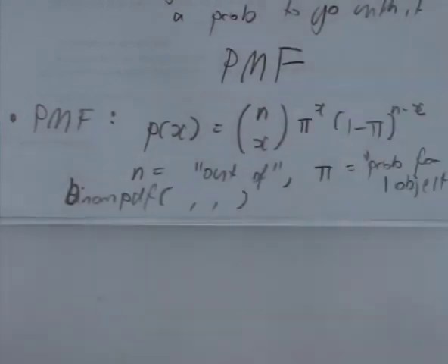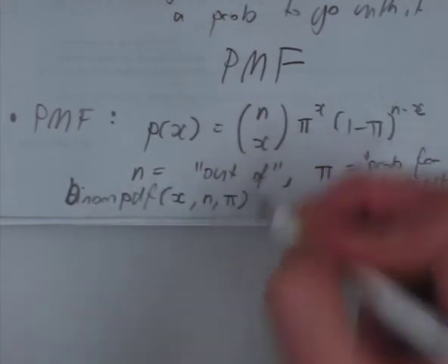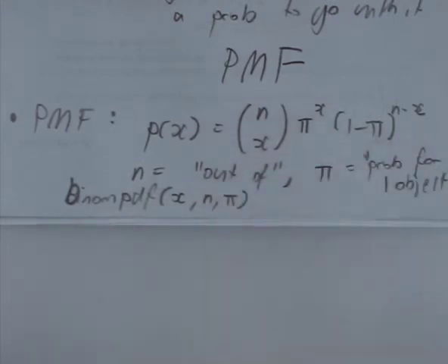Has anyone got a definitive answer for what order those numbers go in? I'm just going to see if I can find it, because they all should be roughly the same shape. Binom PDF, so you do the x first, and then the n, and then the pi, according to your notes.